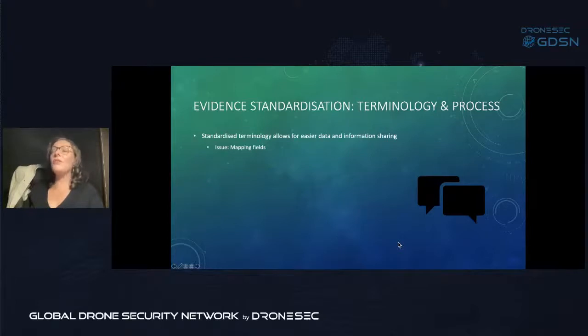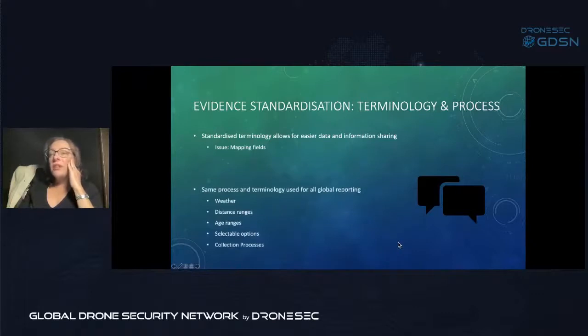And there's generally a lot of gaps because not everybody has such a thorough data collection process, and that in the end sort of leads to a lot of gaps in data, which is quite sad. But this is why it's also very important to try and standardize the terminology and the process, the terminology used in the processes, because mapping the fields is a very time consuming effort that goes on.